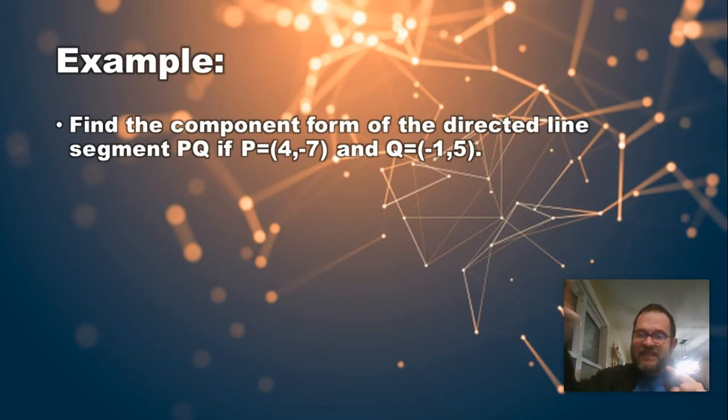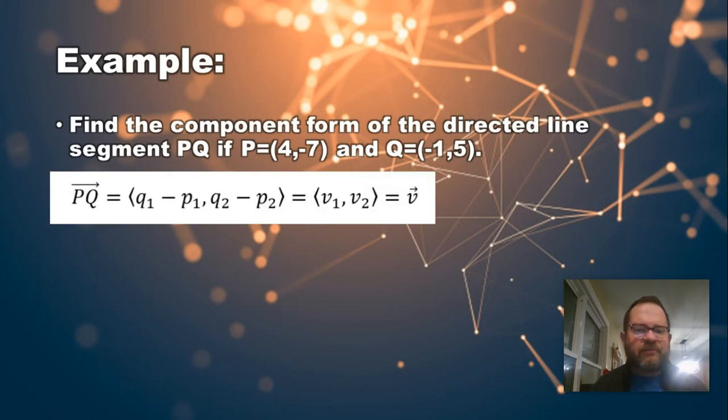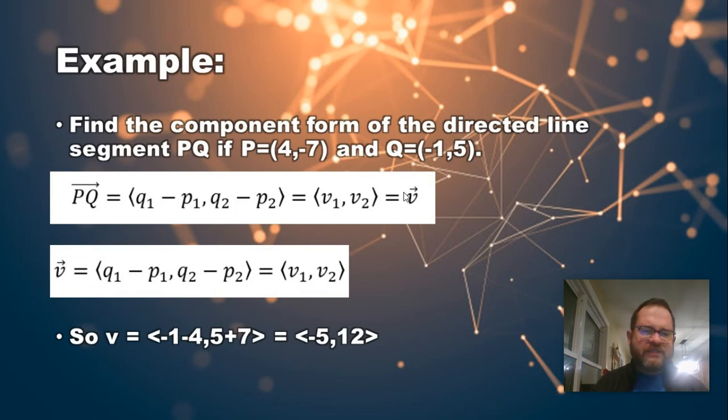There's a directed line segment that connects these two places. That directed line segment goes from P to Q, and its coordinates are Q1 minus P1, comma, Q2 minus P2. If you do the math, that'll be V1, comma, V2. That'll be our new vector V, which remember we call the component form of the vector. So let's see here.